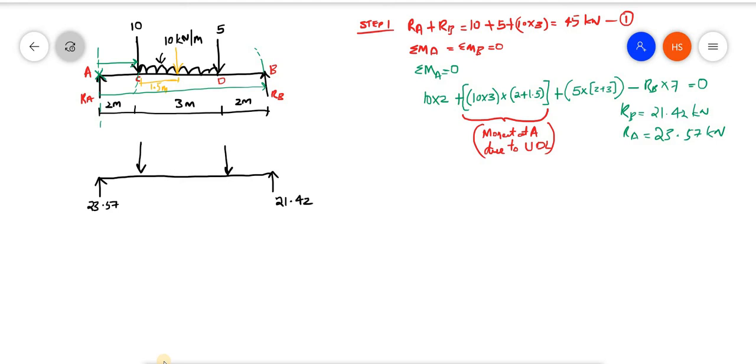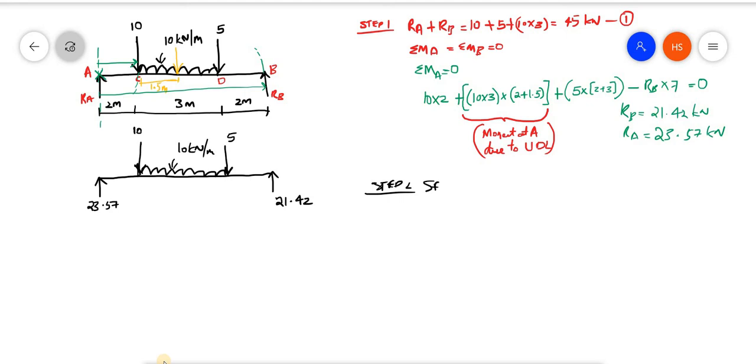Here there is 10, here there is 5, and here we have 10 kilonewton per meter. Okay, so first of all, step 2, I am going to find out the shear force.